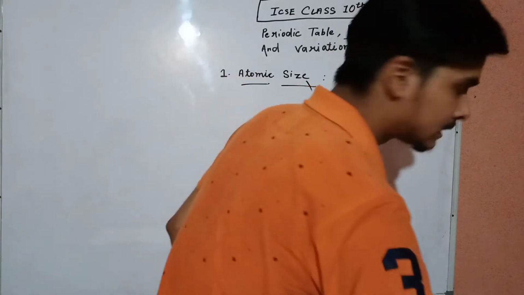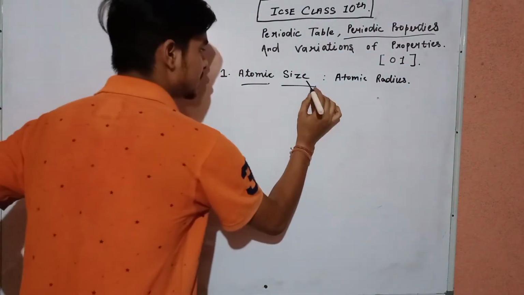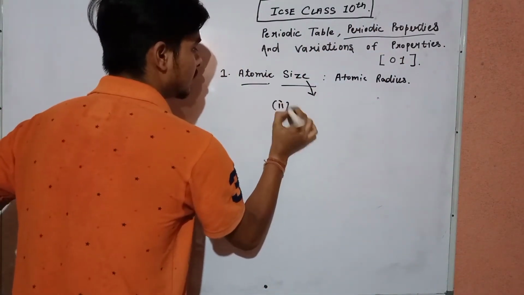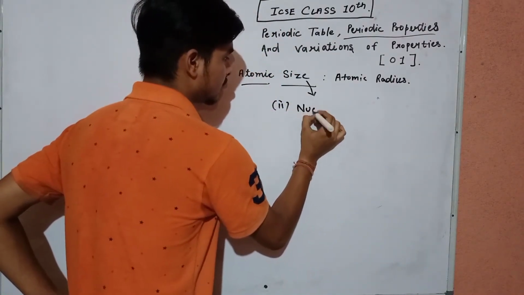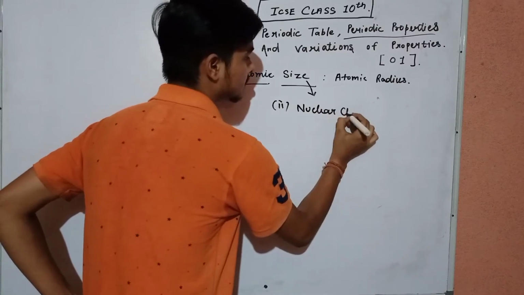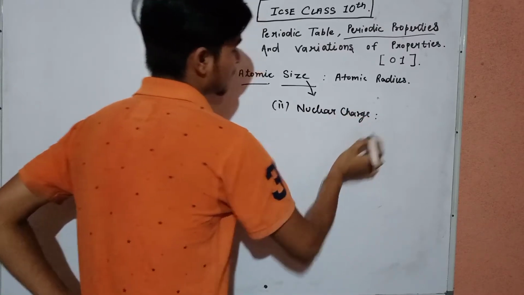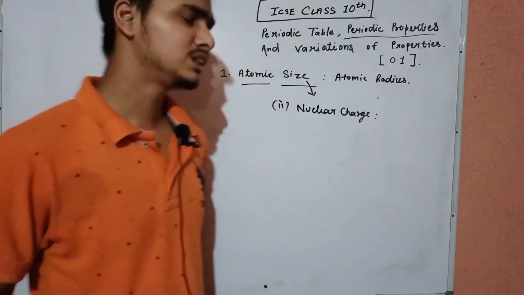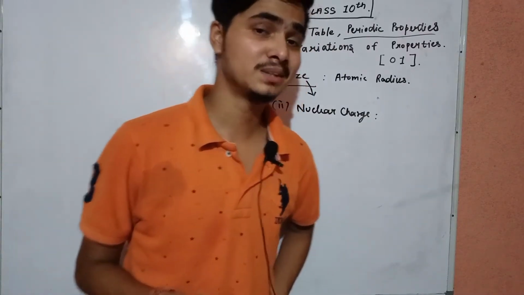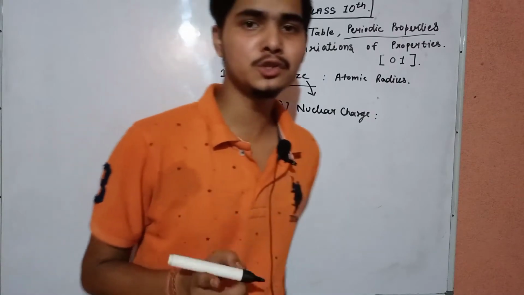The next factor on which atomic size depends is very important: nuclear charge. Number of shells was easy, right? But what is this nuclear charge now? It is a big burden because it is a new word to you, I hope.